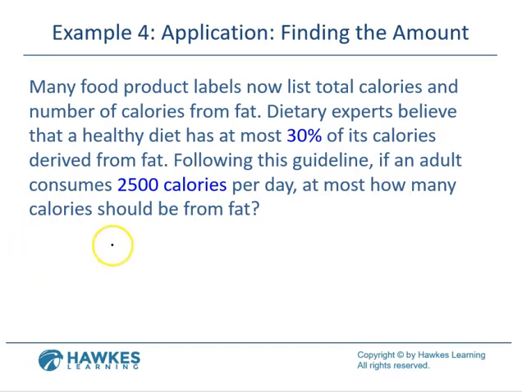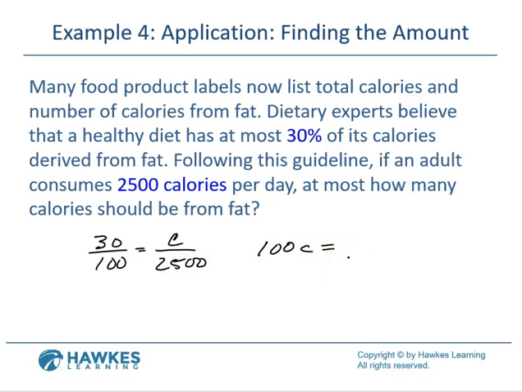So we could do this deal like this. We have 30%. Okay, we know that's going to be over 100. Well, we want to know how many calories consumed per day. Well, we want to know what's 30% of 2,500. So we come here, we put our 2,500 down, but we don't know, and I'll use C for calories. We don't know that right now. So we can put 100 C because I'm cross multiplying.